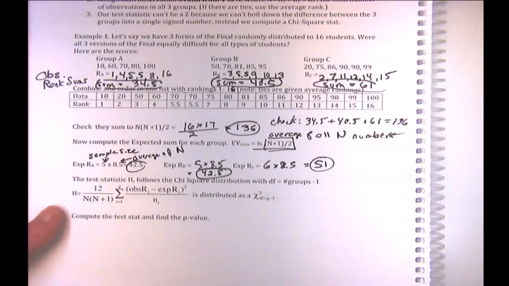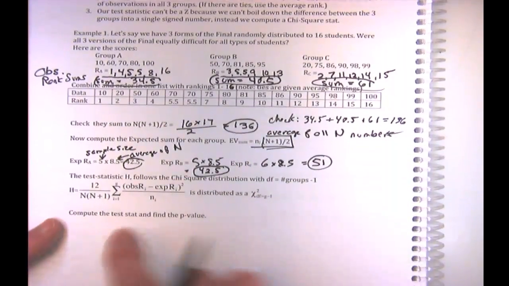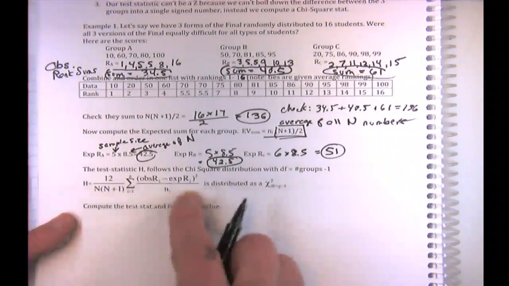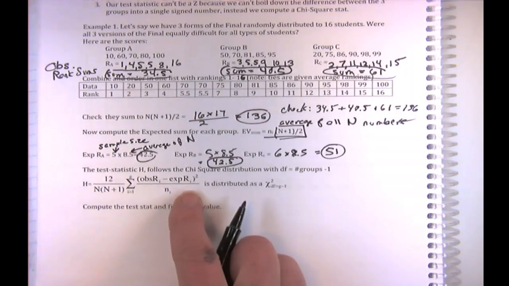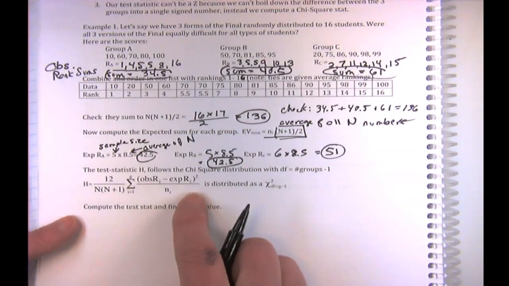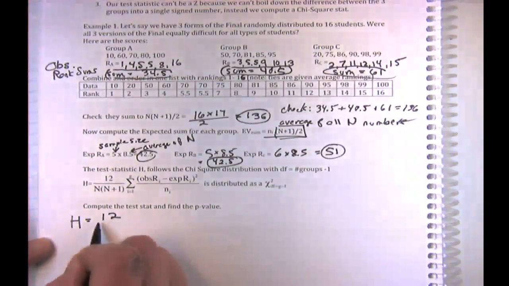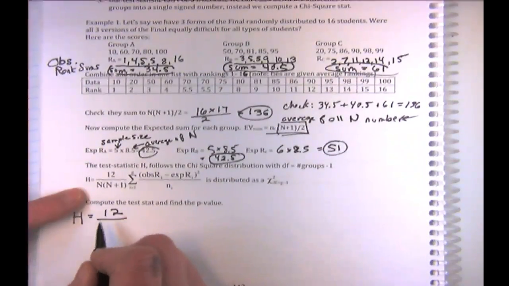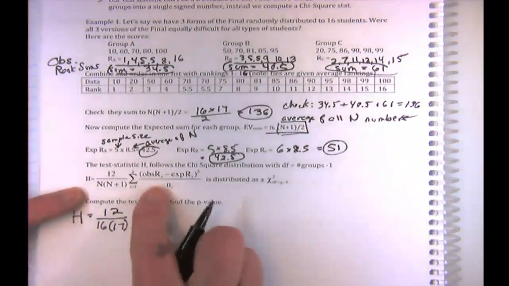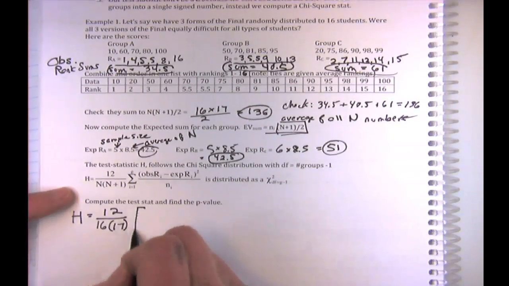And let's do it. We're going to compute this chi-square stat. As usual, it's going to be the sum of the observed minus the expected over the standard error. So H is equal to 12 over, the sample size is 16 times 17. And now we're going to sum up three groups, the observed minus the expected in three groups.